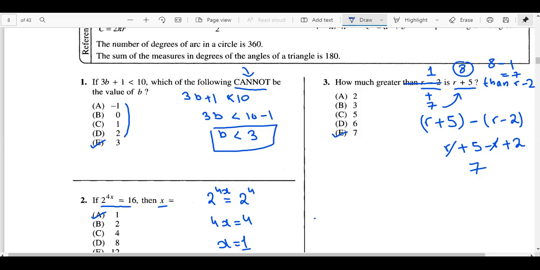They're saying that r plus 5 is the bigger number, r minus 2 is the smaller number. You subtract the smaller number from the greater number to get the difference, and the difference is 7, right? Okay, ma'am. Thank you. Okay, perfect.